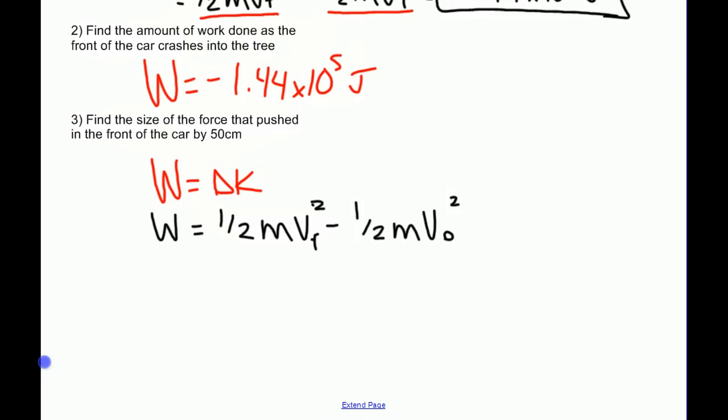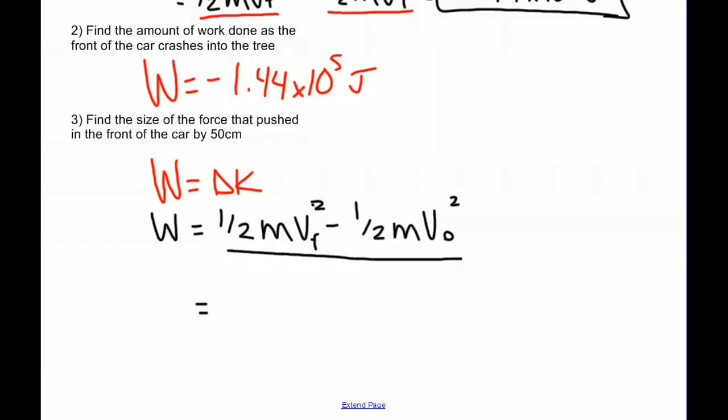Now, this V final squared minus V initial squared looks like an equation that we've seen before that has V finals and V initials both squared.